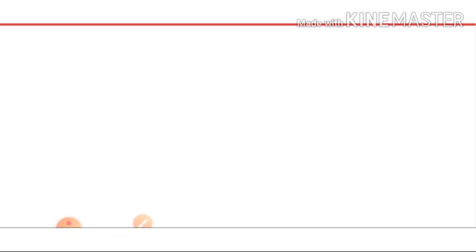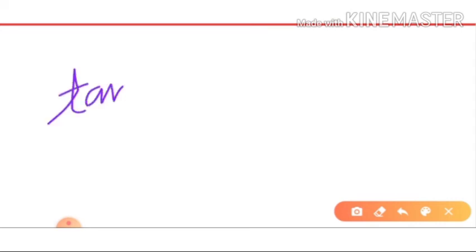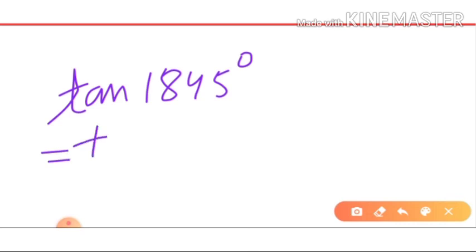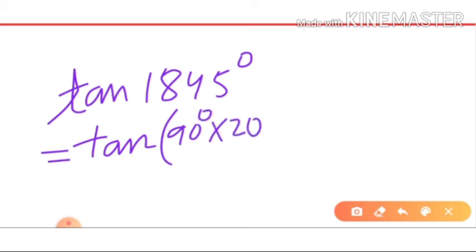Okay, now another important part. Now if you are given bigger angles, like we have tan of say 1845 degree. Now how can we write this one? For this, we have to see what is the multiple of 90. So we know 90 into 20 is 1800, and then we have another angle, it is 45 degree.